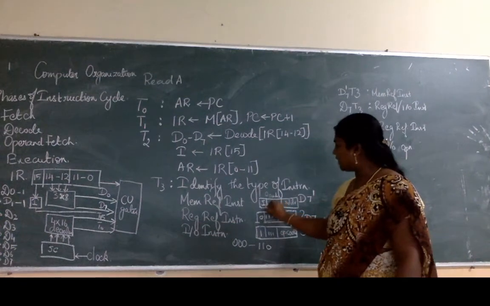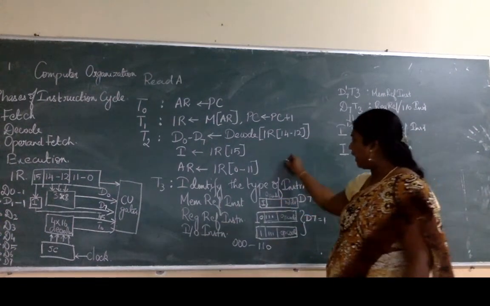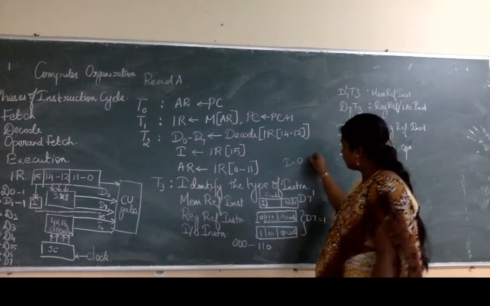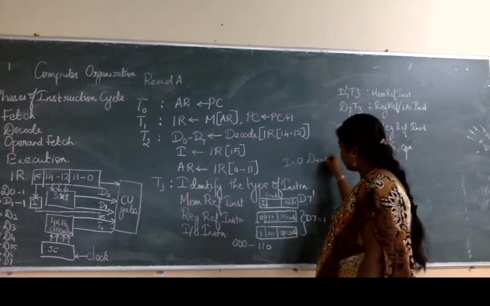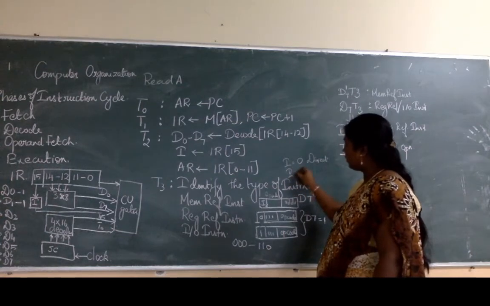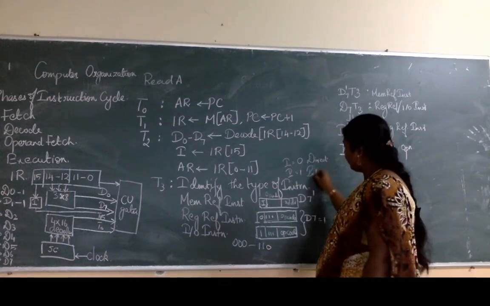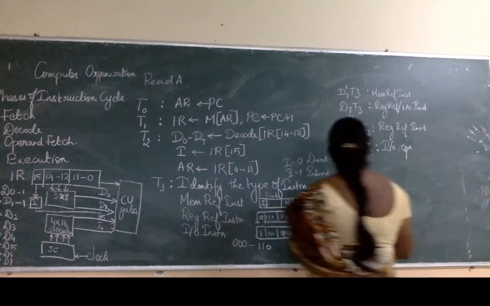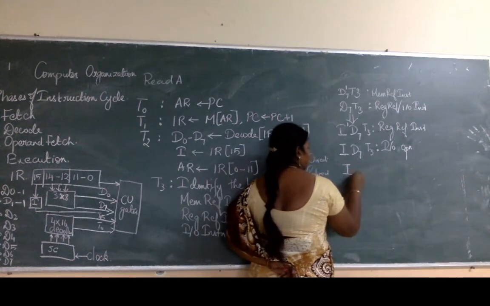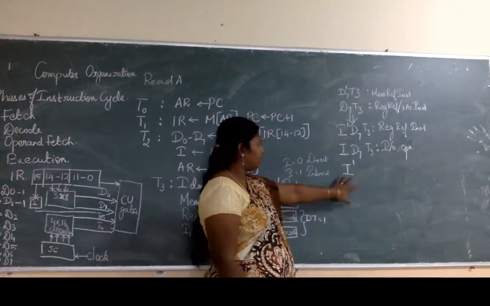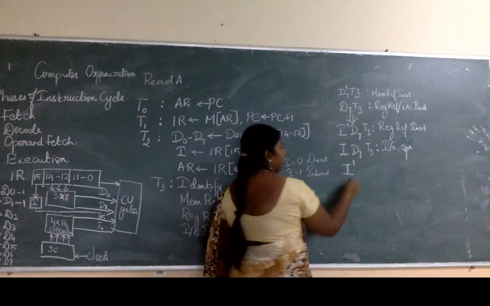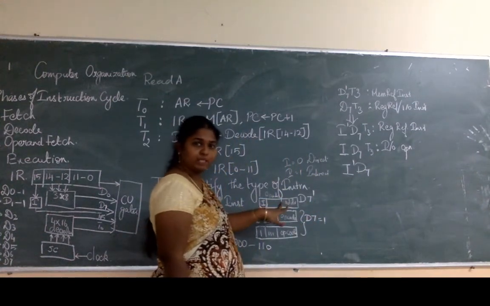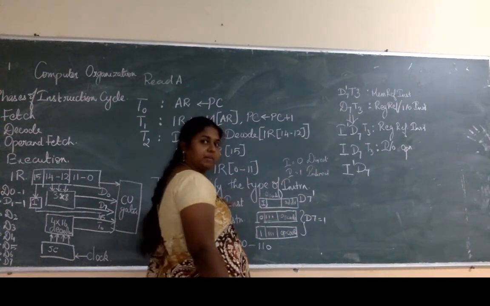I see the difference in bit I. If the bit I is 0, it is a direct memory access, and if bit I equals 1, it is an indirect memory access. So that also I will specify here. So if I is 0, which means I dash, and D7 should be complemented.